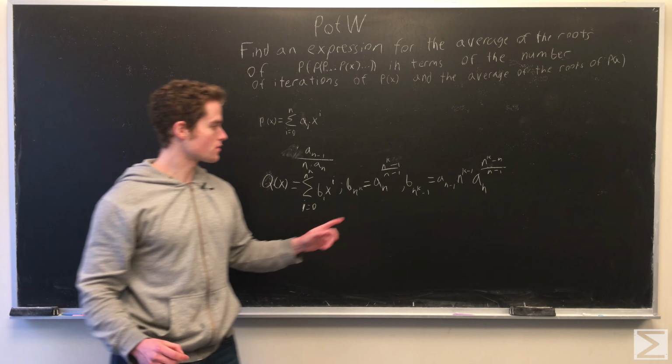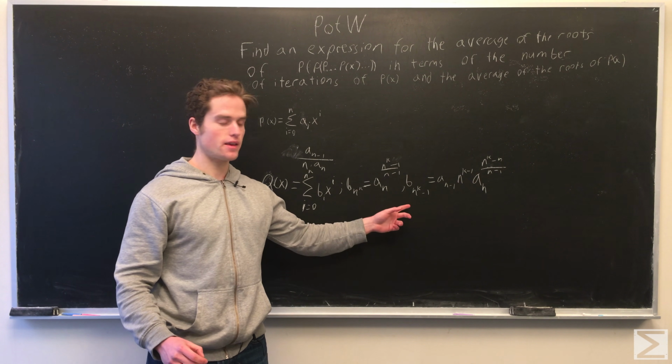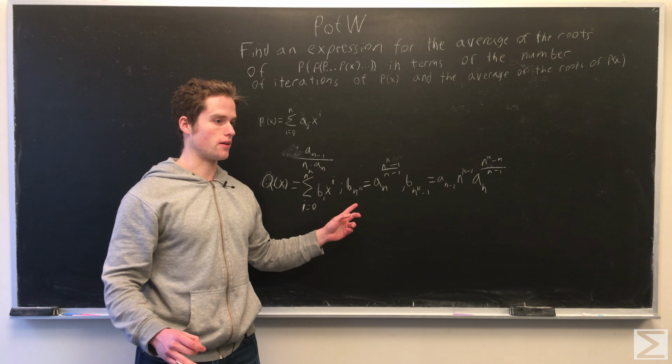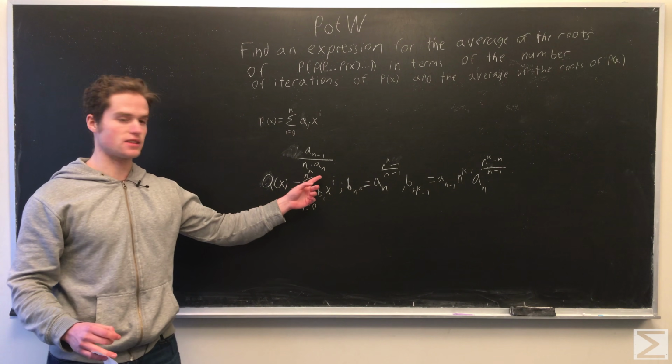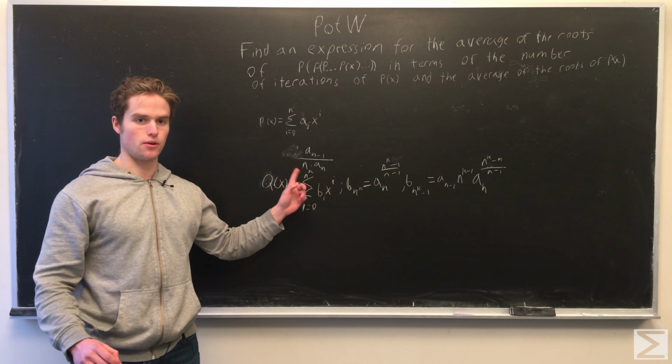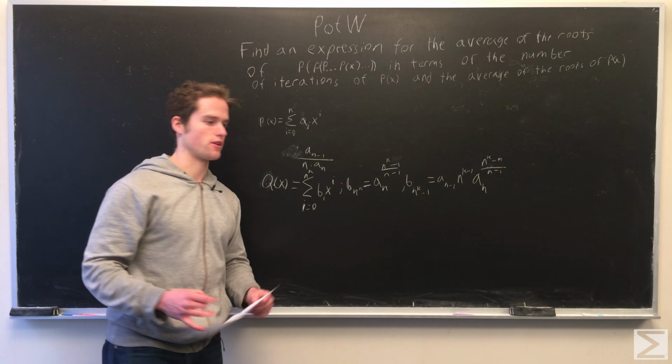Note that b n to the k minus 1 over b n to the k times n to the k gives you back the same average of p of x. Now let's calculate p of q of x.